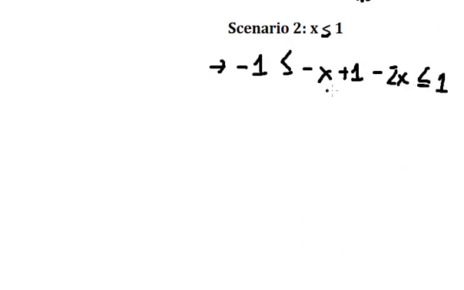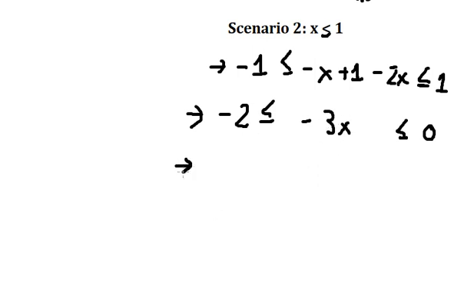Now we minus number 1 for the both side, we have negative number 2. This one we have number 0. Negative s with negative 2s, we have negative 3s. Later that we divide both sides by negative number 3, and then we change the sign, and they go in this way.